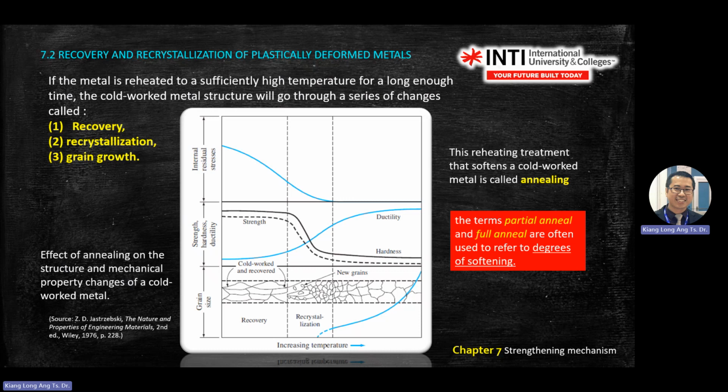Why does it start from a positive value? Because you roll it, you give it stress. So there's a positive value. But if you increase temperature, you give energy, the elements start to vibrate and loosen up. So the stress is relieved and then becomes zero.